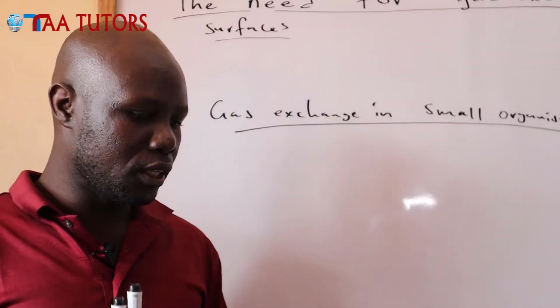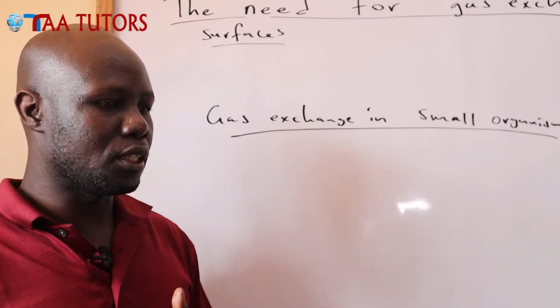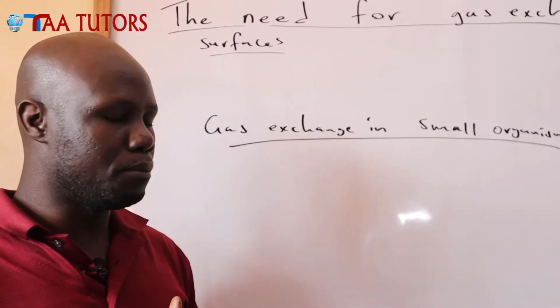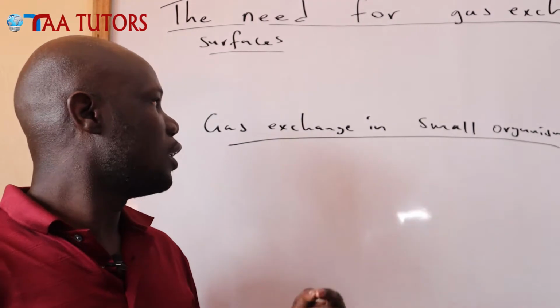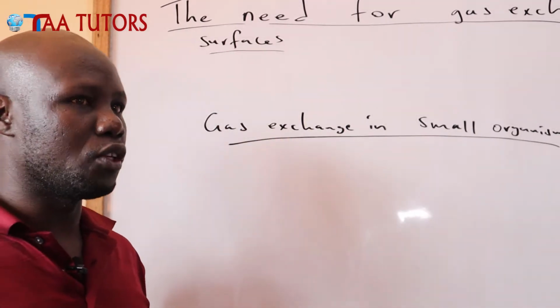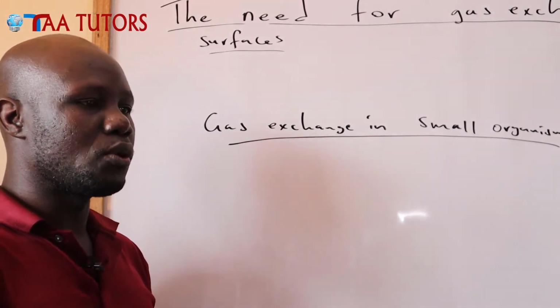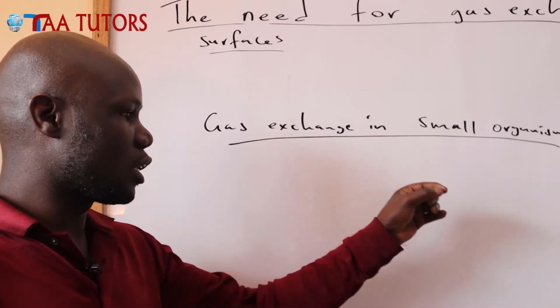The need for these gases is not as much as in big organisms. They are not needed very urgently, or in a very large volume. So the surface area they are exposing to the surrounding is wide, like we have seen in the surface area to volume ratio.